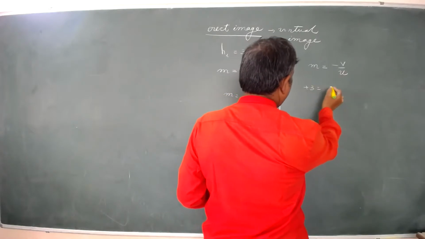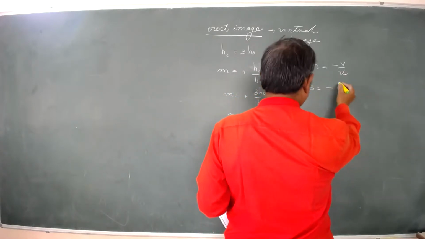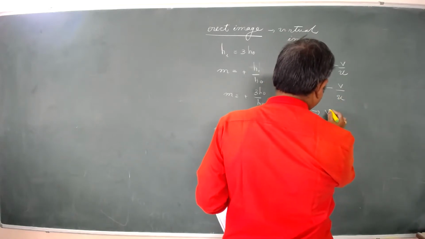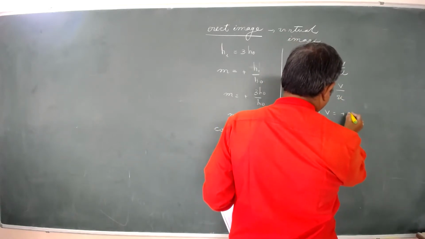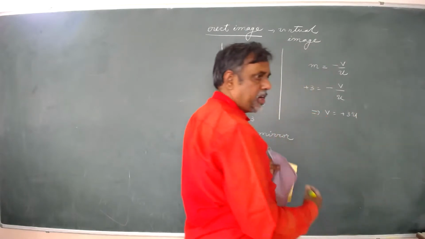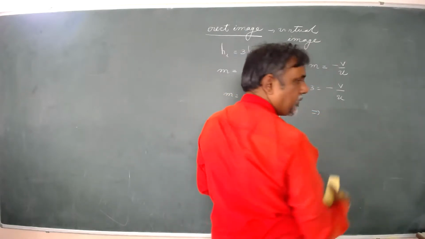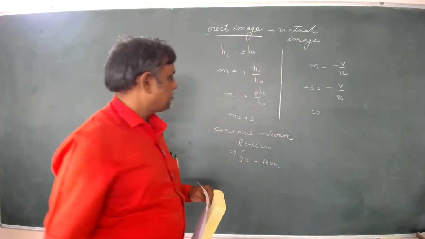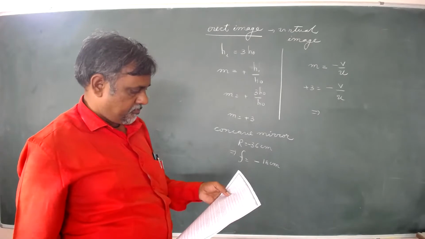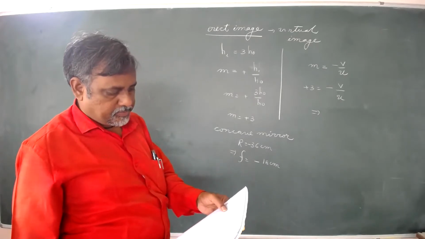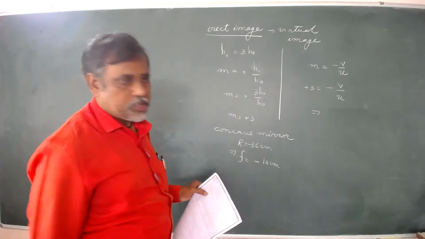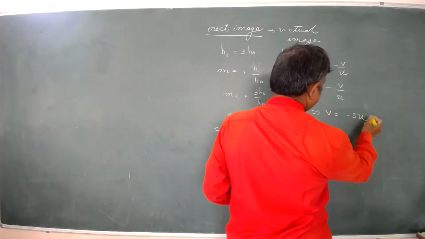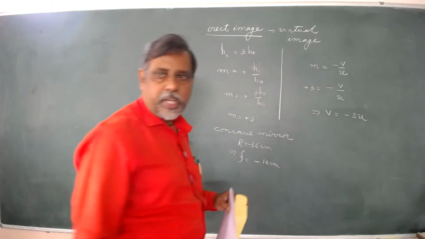Plus 3 equals minus v by u. That implies v is equal to minus 3u. We need to calculate position of object.